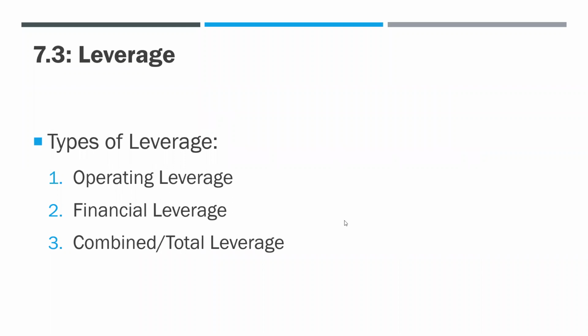The book talks about the 3 different kinds of leverage, being operating leverage, discussed on pages 133 to 137. Financial leverage, talked about from 137 to 144, and then total or combined leverage from 144 to 145.